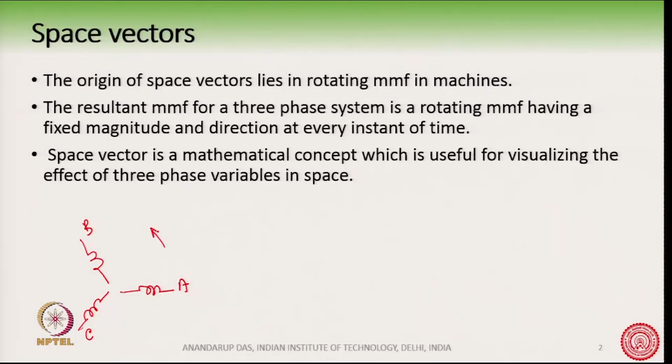The resulting MMF has a fixed magnitude and it will rotate at the same frequency at which the A, B, C phases are excited. This we know from the basic understanding of electrical machines.